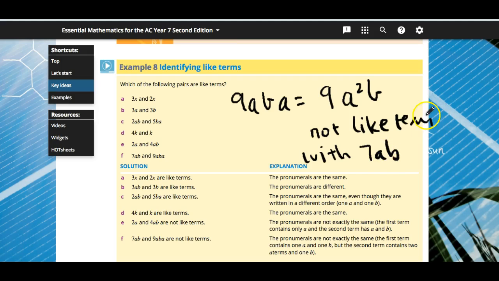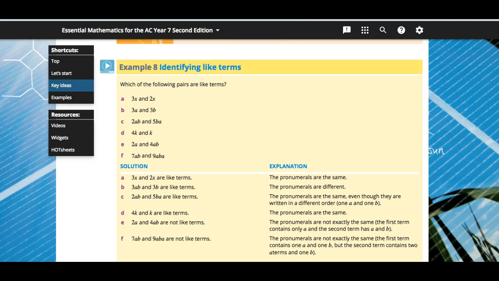If we stick to the juice theme, this juice has more apples than that juice, so they're not the same juice. Even though they're both apple and banana juice, this one has a higher concentration of apples. I just keep using objects because the letters can make it seem quite obscure and hard to understand. So instead of 3x and 2x, you can call them objects: 3 X-rays and 2 X-rays.